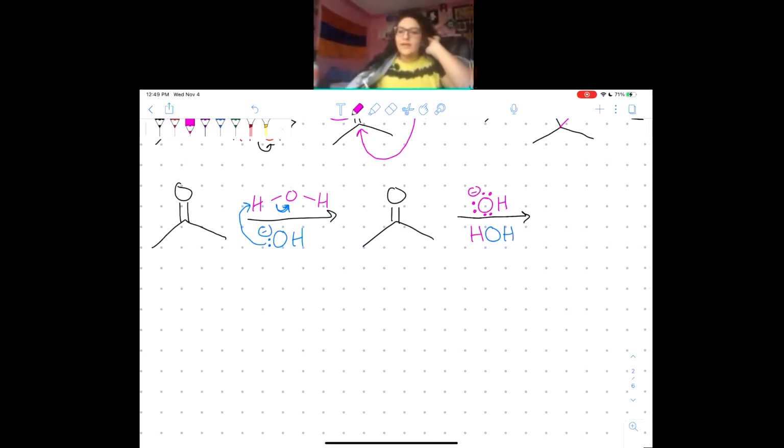And I know it kind of seems like this first step was all for no reason because you still end up with an OH and an H2O. But pretty much this could have been any base. I just chose OH because it's the most common one. So I know it seems like a useless first step, but just trust me, there's a method to the madness.